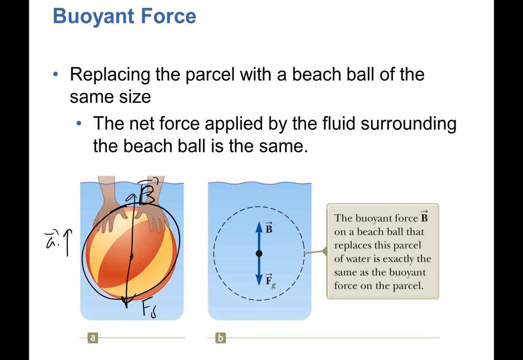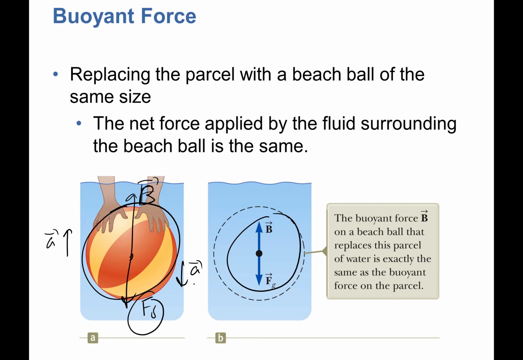It doesn't mean that every time the buoyant force will be stronger than the gravitational force. You take a rock, do the same thing, push it inside the water and let go. It's not going to go upward; it's going to sink and go downward. You still have the buoyant force, it's just that this time the gravitational force is stronger, so there's a net acceleration down.